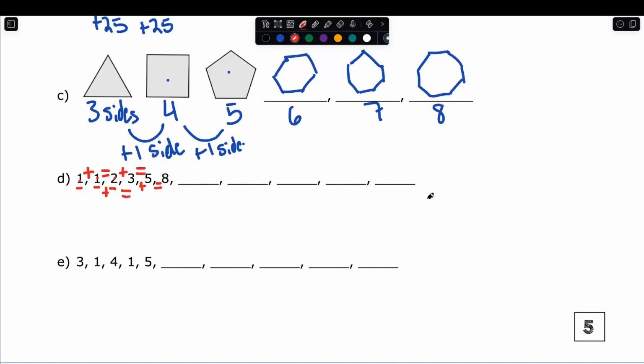So my pattern here, and this one you're probably going to have to write out because it's hard to grasp just by what I wrote. It already looks confusing.